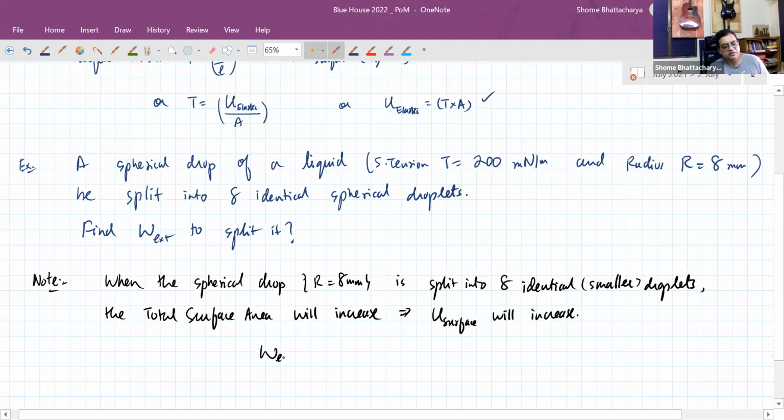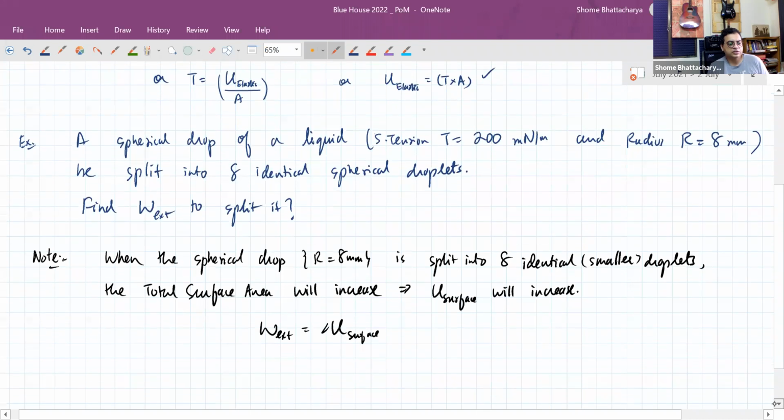And the work done by the external agent is equal to the increase in surface energy. So we know the formula for surface energy that we've just seen, and we just have to use that concept.